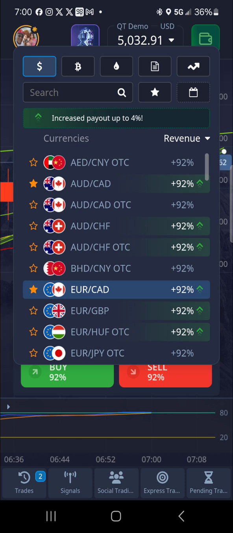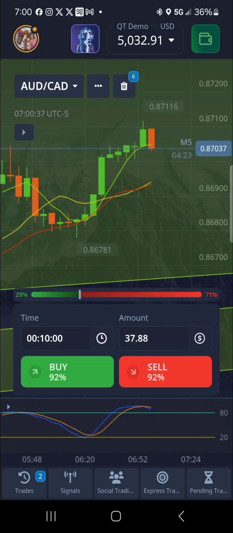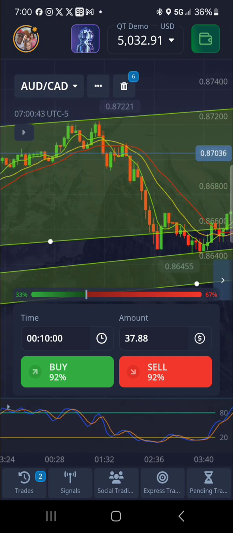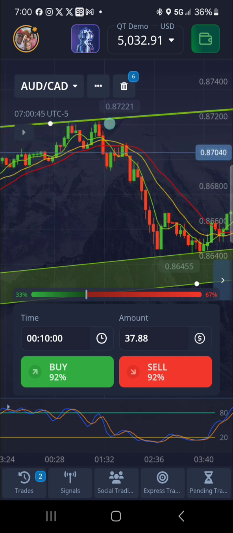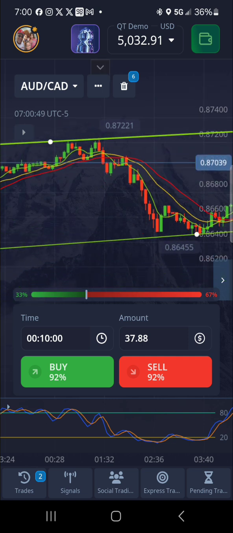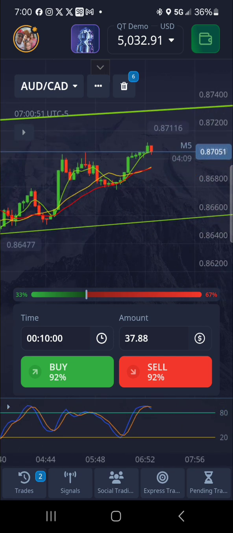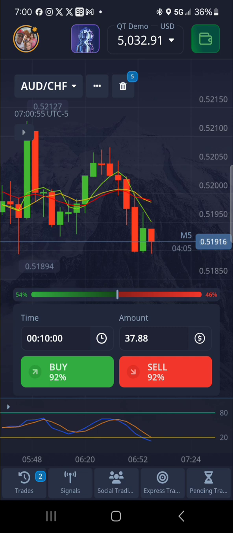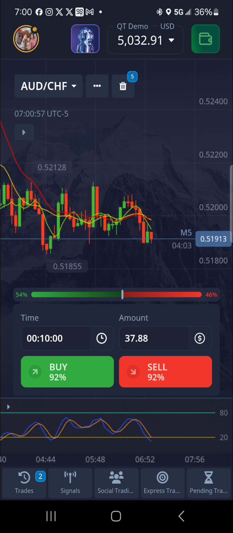So that's EuroCAD. I have AUD set as well, and of course there's a glitch. Of course. So let me make this one skinny. It does this every now and then. Okay, so we're good as far as it's in the middle. There's no action right now.